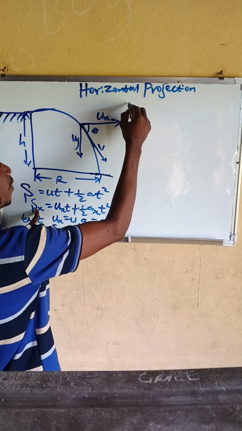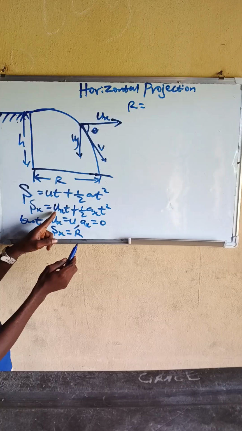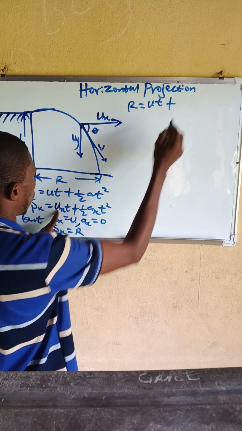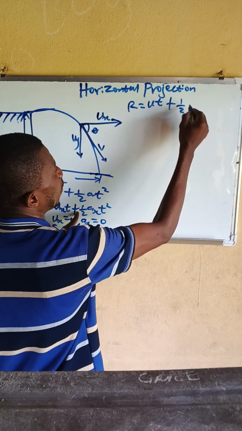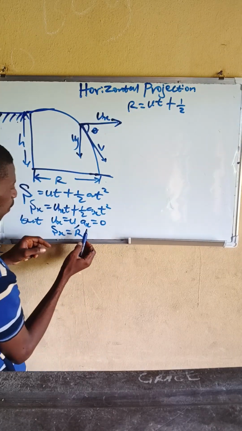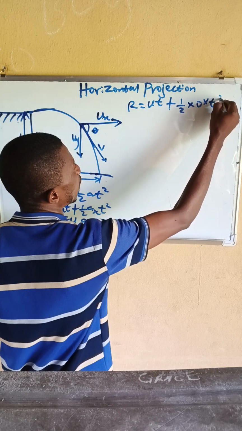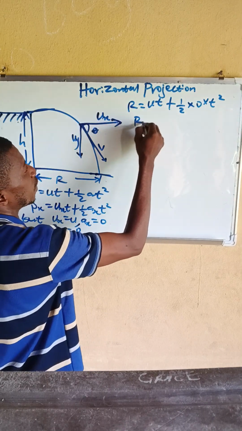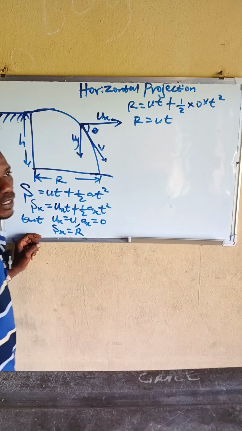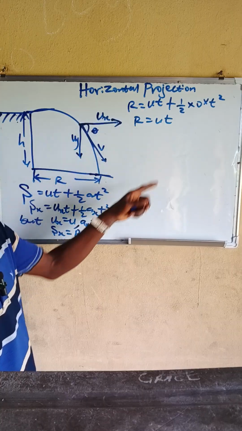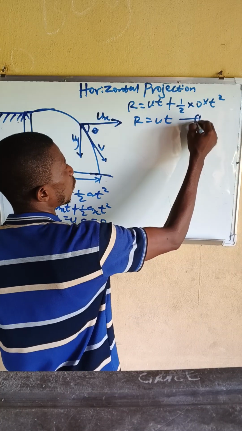So we now have r is equal to ut plus half times 0 times t squared. So the whole equation becomes ut. This is the horizontal distance from here to here. This is the formula for it. I can call it equation 1.